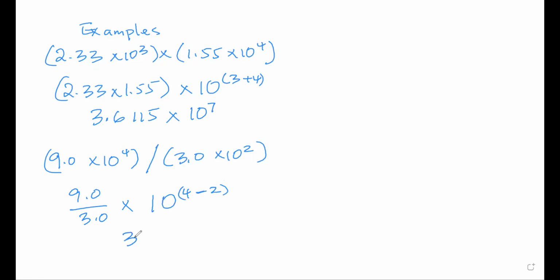So it will be 3.0 times 10 to the second power. That's straightforward. For complex questions, you have to learn how to use your calculator. We are just doing the simple ones.